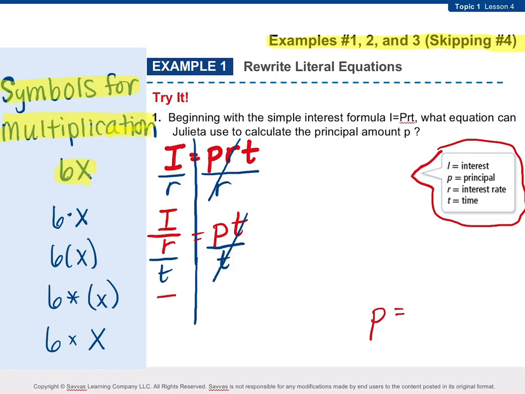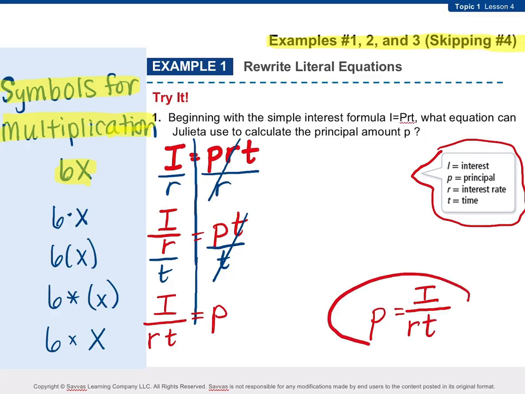Instead, the I is just being divided by R and by T, so I would just write them both in the denominator. So now I have P equals I divided by R times T. I've rewritten my equation so that now I can easily calculate for P instead of easily calculate for I.